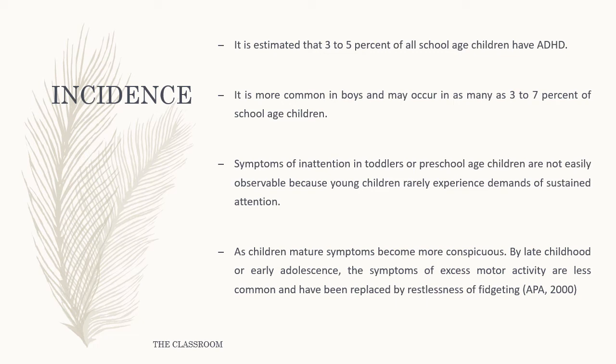So it's not that the child is inattentive or hyperactive only at school but not at home. Then it's not ADHD. The child has to be the same both at school and at home. There must be clear evidence of clinically significant impairment in social, academic, or occupational functioning. And the symptoms do not occur exclusively during the course of a pervasive developmental disorder, schizophrenia or any other psychotic disorder, and are not better accounted for by a dissociative disorder or personality disorder.